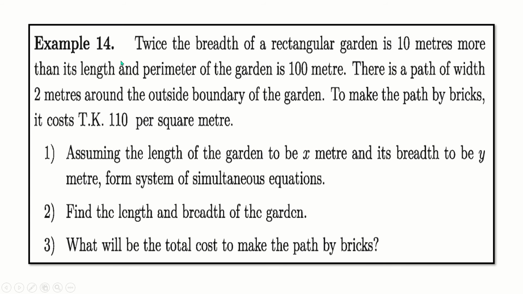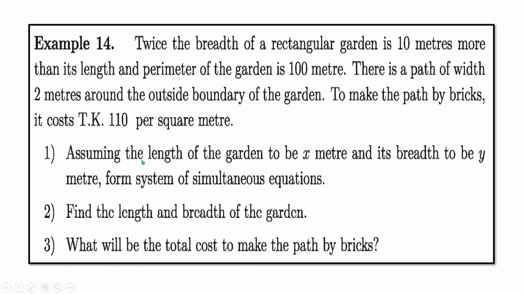Example number 14. Here twice the breadth of a rectangular garden is 10 meters more than its length, and the perimeter of the garden is 100 meter. There is a path of width 2 meters around the outside boundary of the garden. To make the path by bricks, it costs taka 110 per square meter.